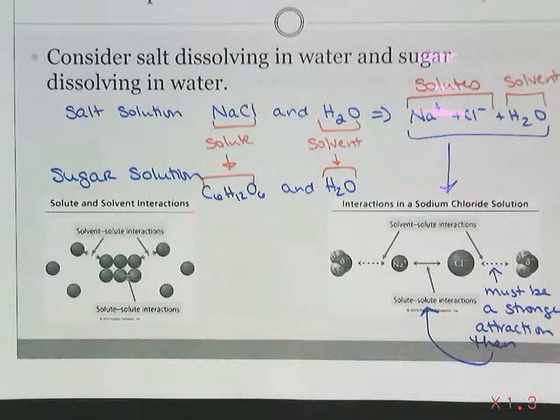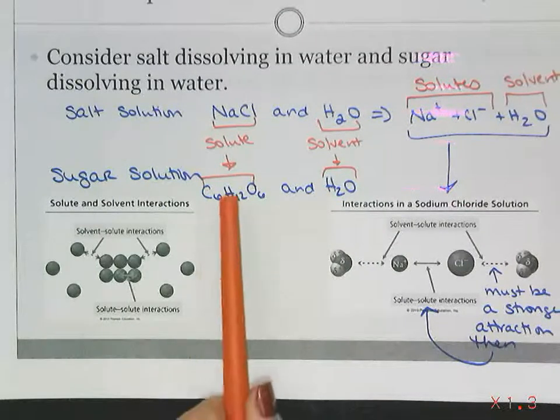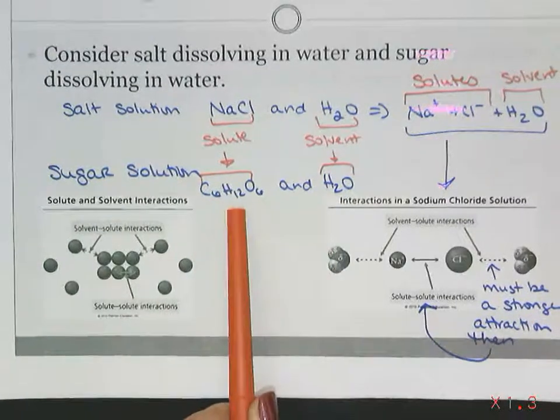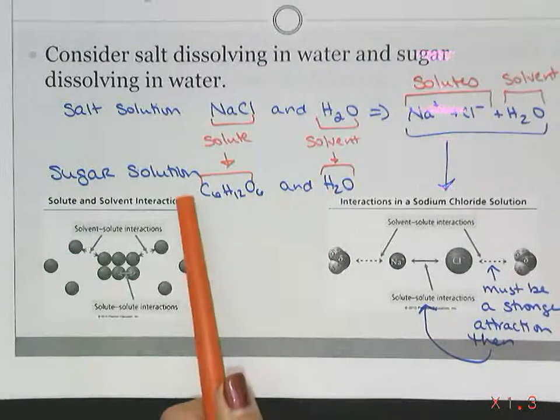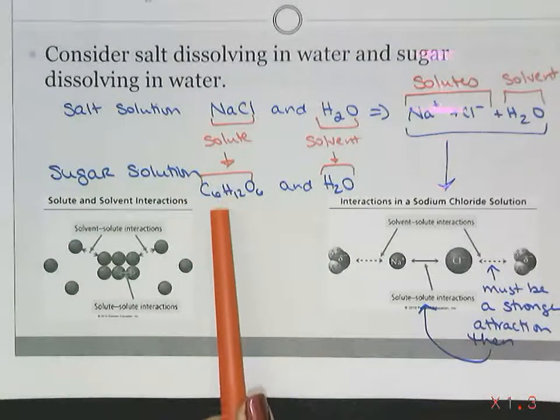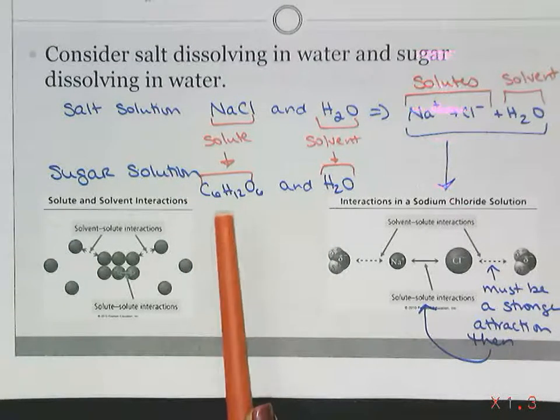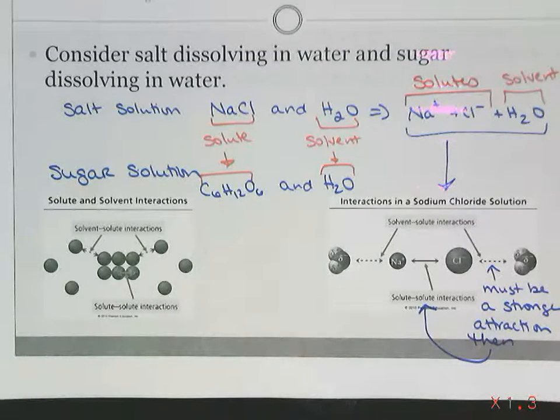If it dissolves in water, is it polar or nonpolar? Water's polar, so this has to be polar also. So it's molecular and polar, but it's not ionic, so it's not going to break apart.